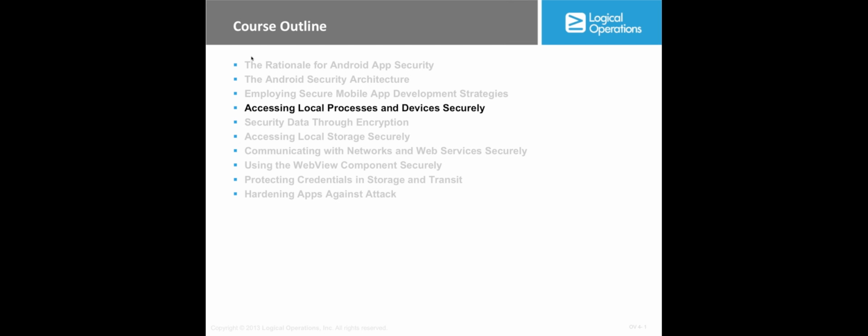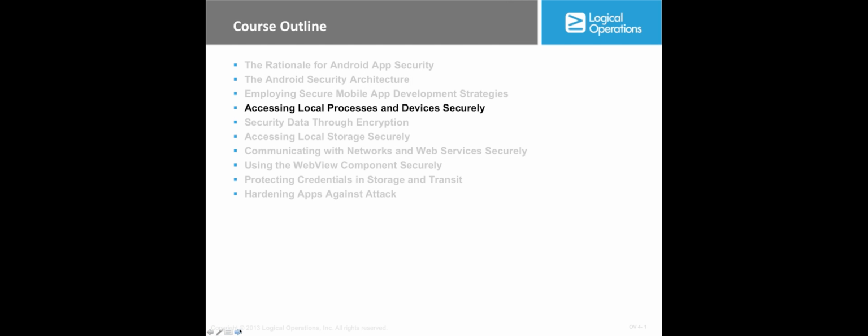All right. So now we'll move into module four. Module four deals with accessing local processes and devices securely. It's one thing to access the process. It's another thing to do it in a secure manner with proper error handling and exception handling and what have you.